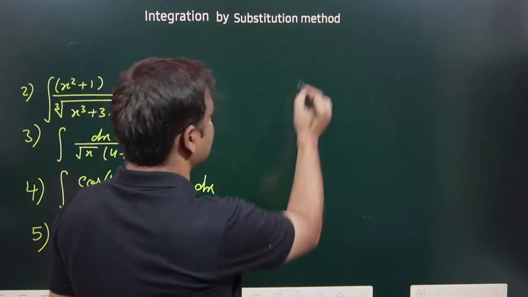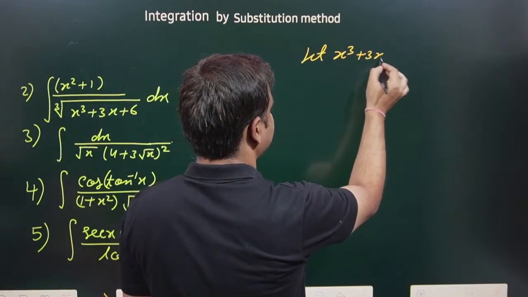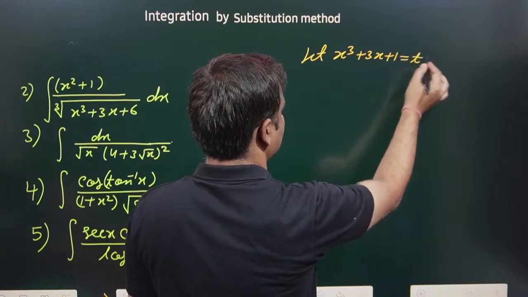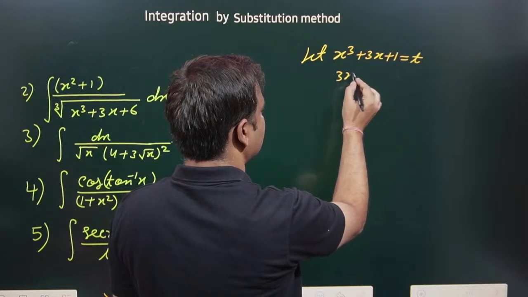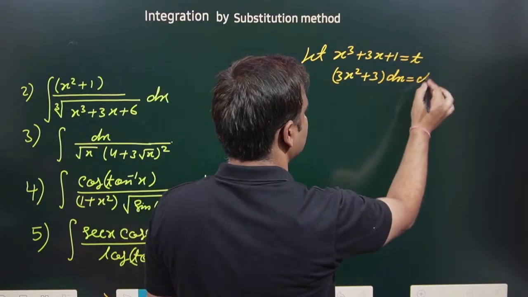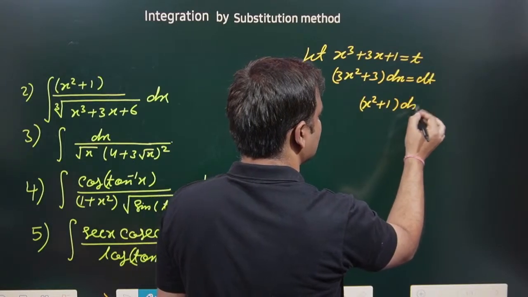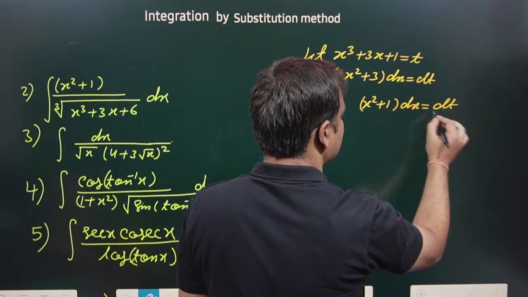So you can say let x cube plus 3x plus 1 equal t. So (3x square plus 3) into dx equals dt. So (x square plus 1) into dx is how much? dt by 3.